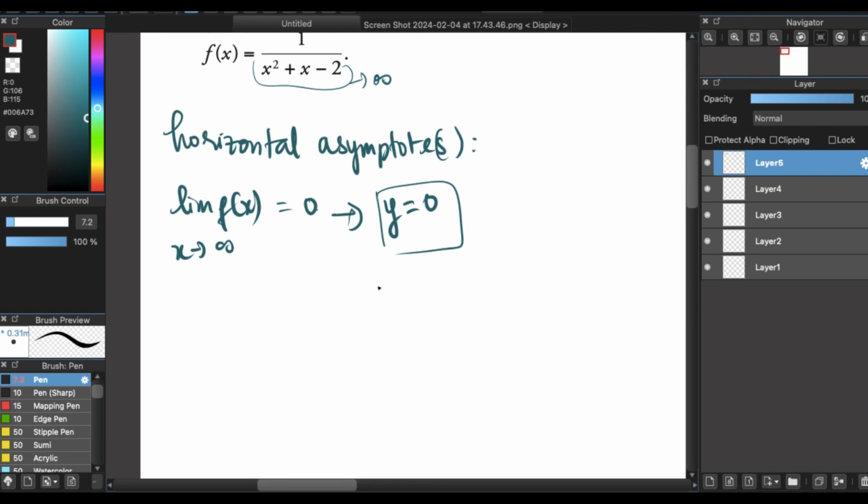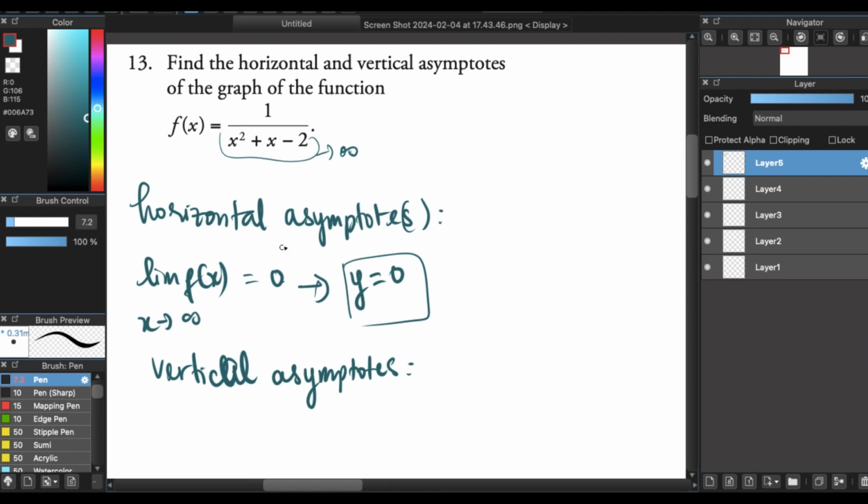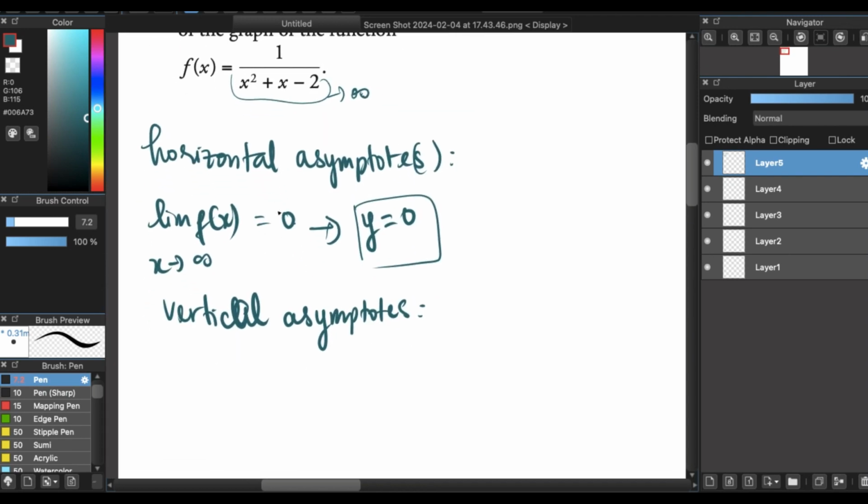Okay, how about vertical asymptotes? As you can see in the graph, there are 2 asymptotes, and we're going to account for both of them. So how to find vertical asymptotes?